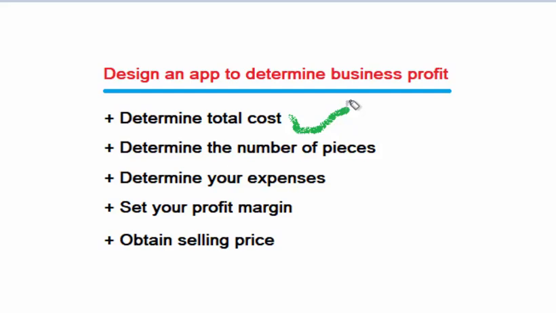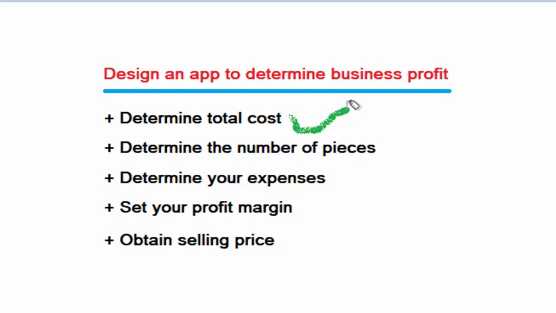I'm not an expert in baking, but I'm sure there is water, salt, yeast, and such things. All that goes into total cost, including even the electricity cost and other things. That is the total cost of producing loaves of bread.